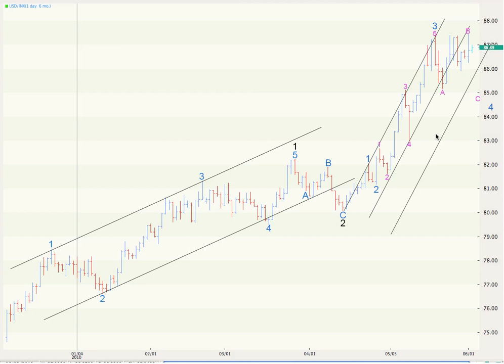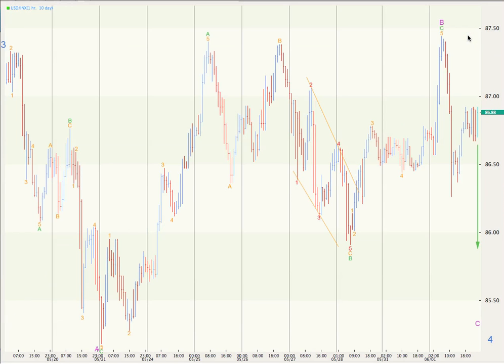Taking you now to an hourly chart for the last 10 days, where this pink A and B is this pink A down here and B up here, and here's the top of wave 3 blue, just off to the left of the chart, about 4 bars off to the left.